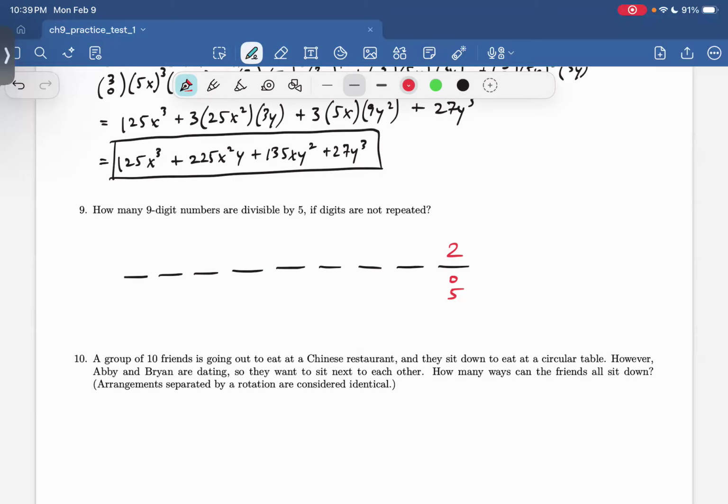Oh, I should clarify this actually. I should clarify whether the leading digit is non-zero or not. Okay, I'm going to revise this and say leading digit non-zero. So look out for that revision.